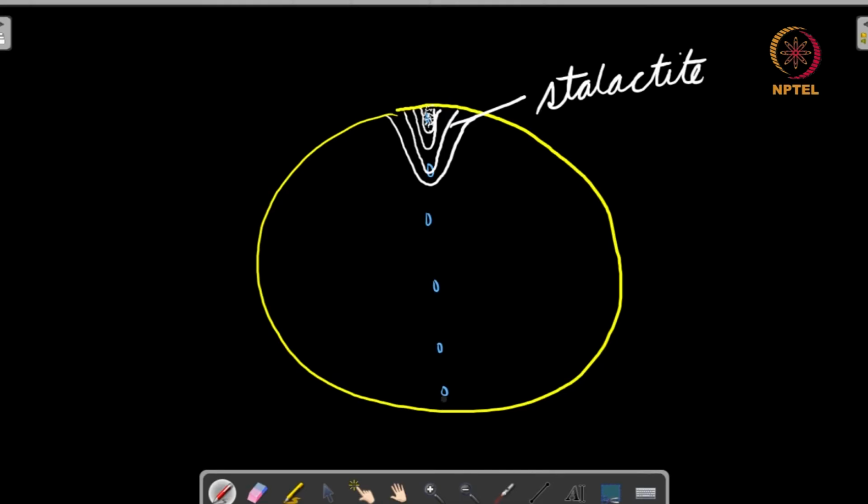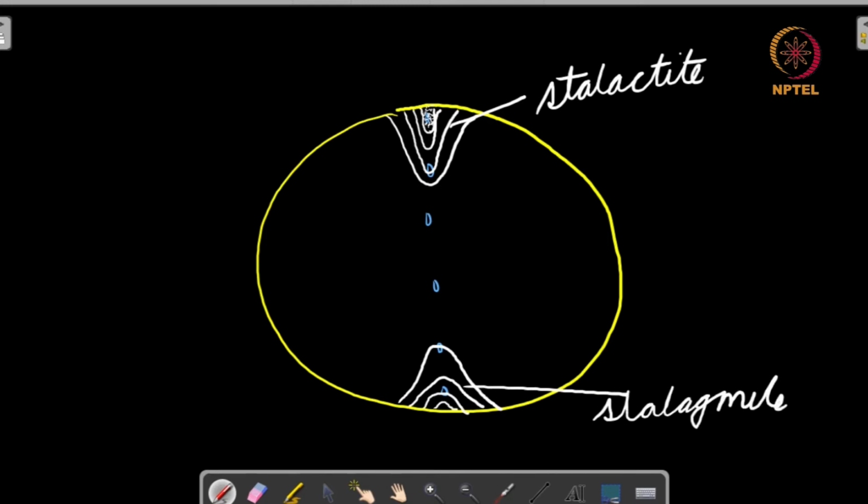And at this point where this dripping water is falling, we'll find another structure that starts to grow because of deposition of calcium carbonate here, and it grows like this, and this is stalagmite.